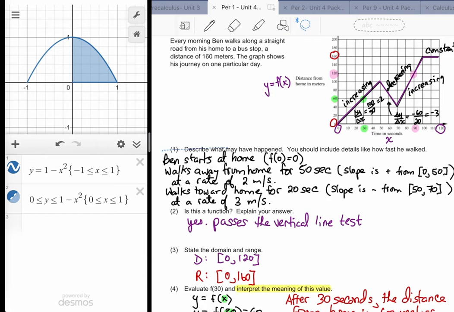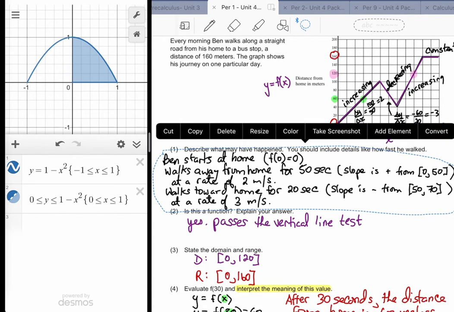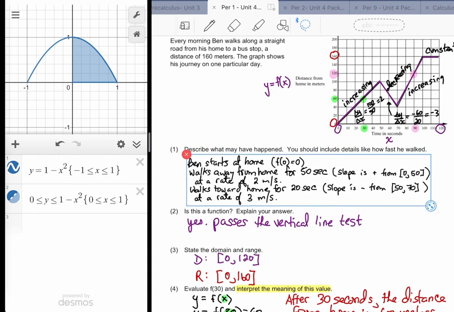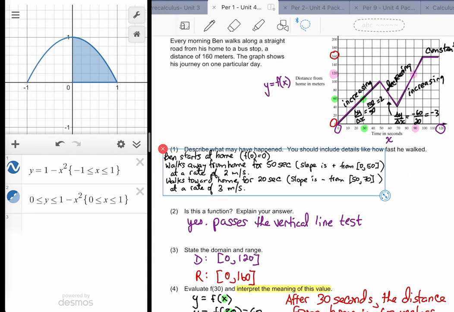I'm going to resize here real quick. We know that there's a relative max at the x value of 50. There is a relative maximum at 50.